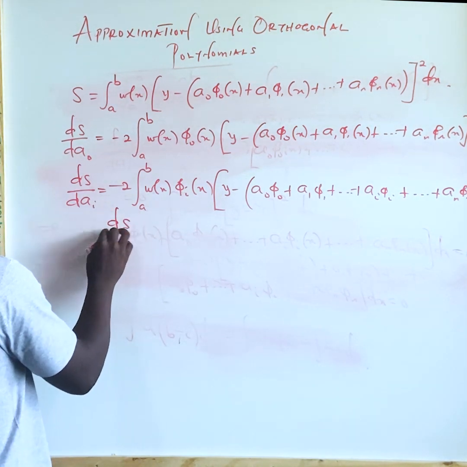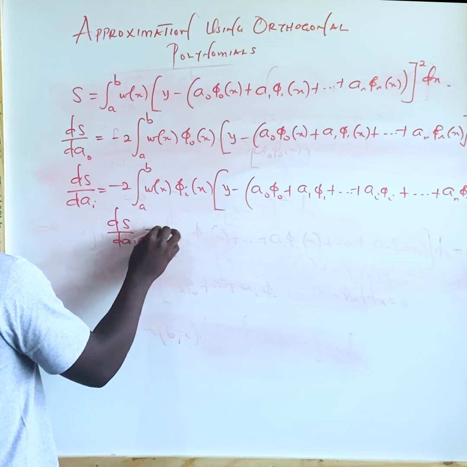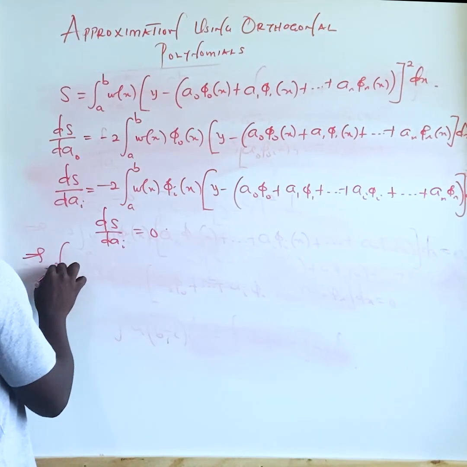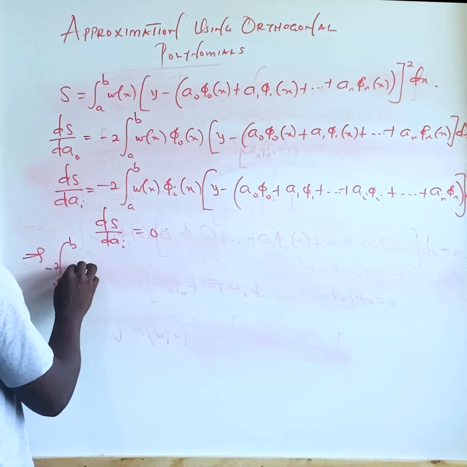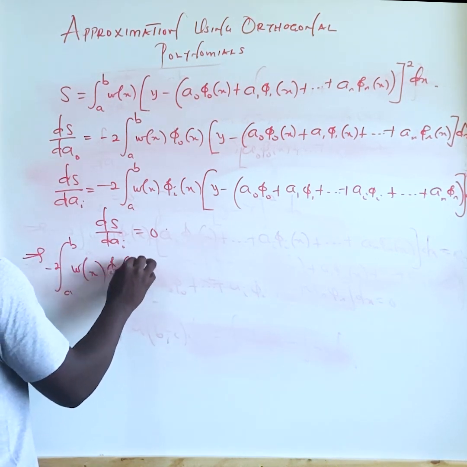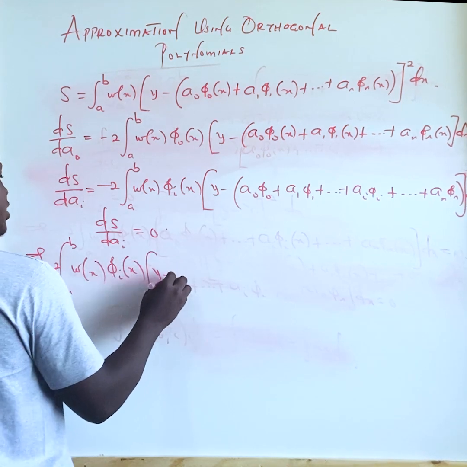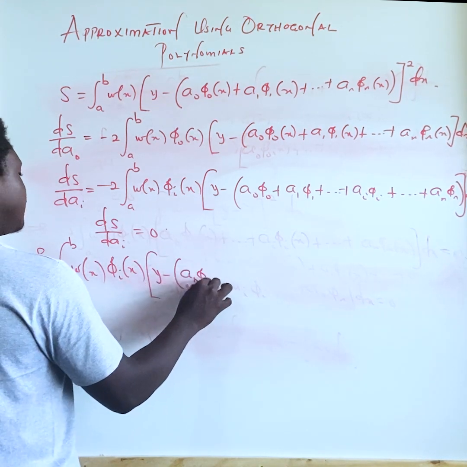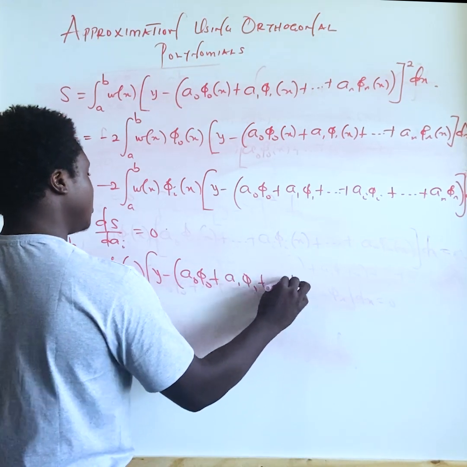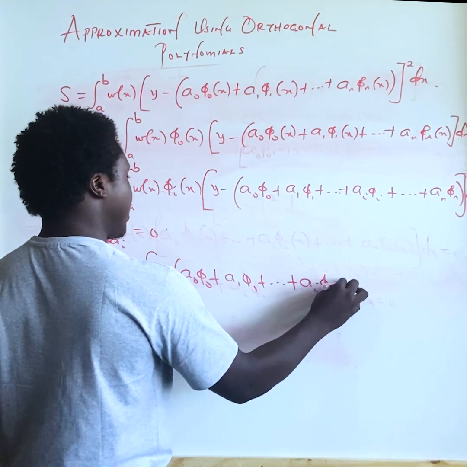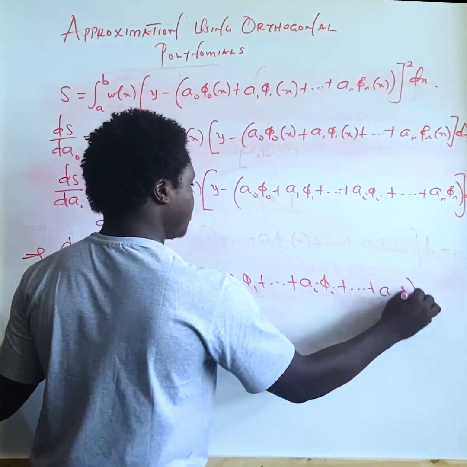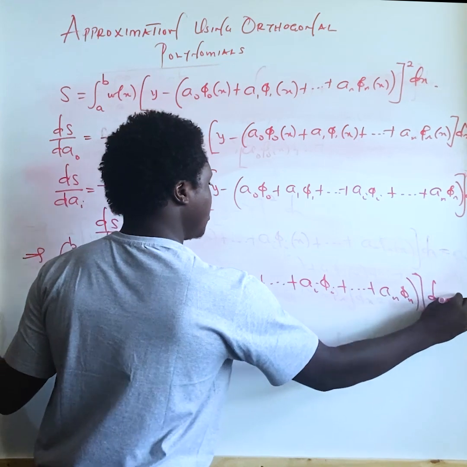So we want our dS/da_i to be equal to 0. By implication, we have minus 2 integral a to b omega x phi_i of x into y minus a_0 phi_0 plus a_1 phi_1 plus ... a_i phi_i plus ... a_n phi_n dx equal to 0.